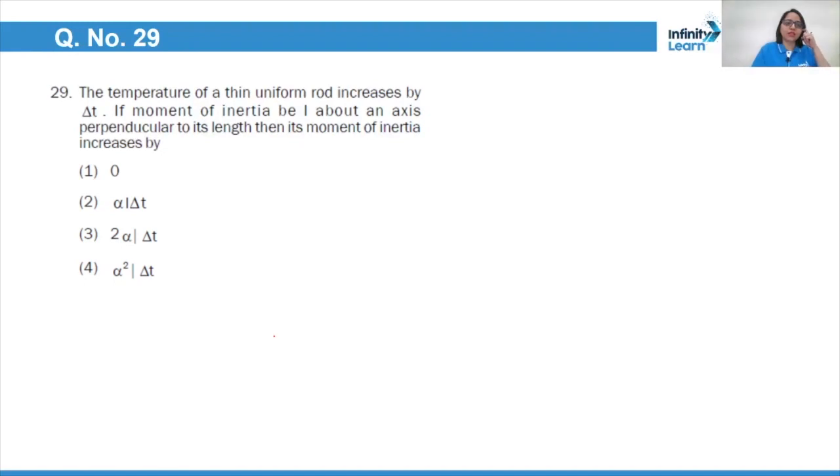Question number 29. The temperature of a thin uniform rod increases by delta T. If the moment of inertia is I about an axis perpendicular to its length, then its moment of inertia increases by. Okay. So moment of inertia I is, let's say, some constant k into ml square. Right?